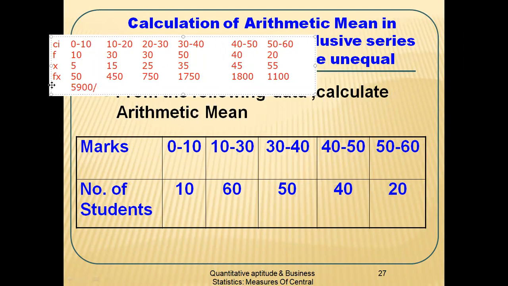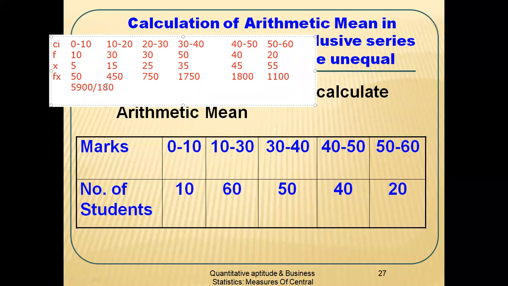The total frequency is 60 plus 10, 70, 70 plus 50 plus 40 plus 20, that is equal to 180. So the total frequency here is equal to 180. So now can you tell me the arithmetic mean? The arithmetic mean of the given set of observations is equal to 32.78. So, 32.77 or 78. Was this the answer given by you previously?